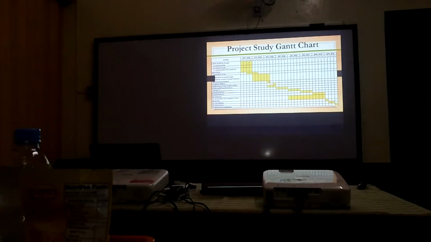In your scope and delimitations, please include the time frame of your study that would limit your study, and also your definition of terms should be defined operationally. Add more relevant literature such as time study, flowchart, Ishikawa diagram. So these are more of the tools on how you are going to improve your process.